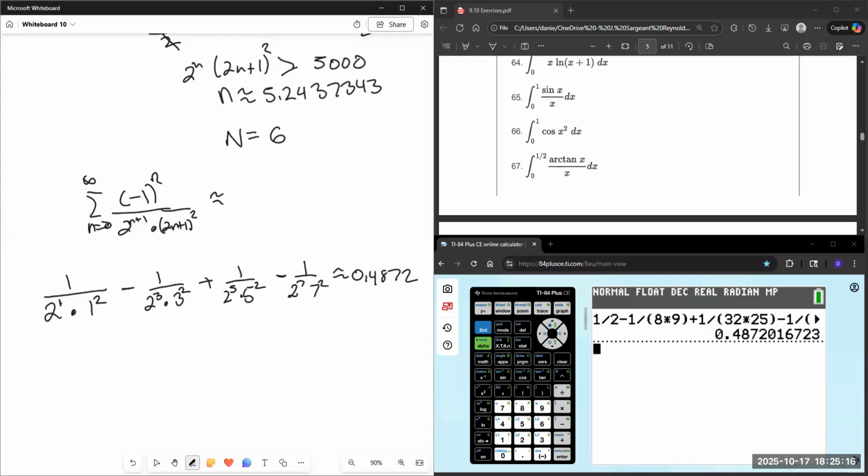Now, while I'm at it, let me show you what the actual summation of this thing up here is, and let me show you that we're close to it. So I can't really do an infinite series on the calculator, but I can make it give me enough terms to where it's going to squeeze out pretty much all the air.